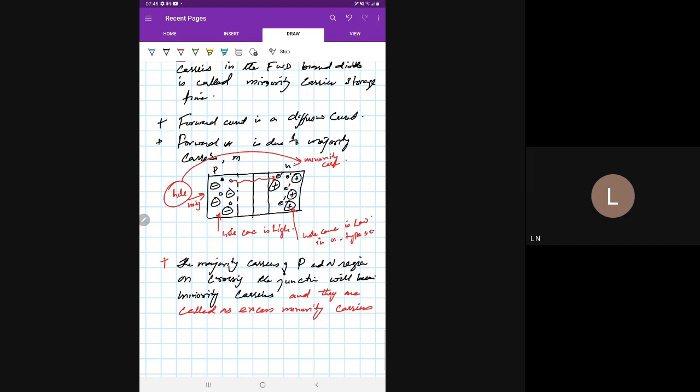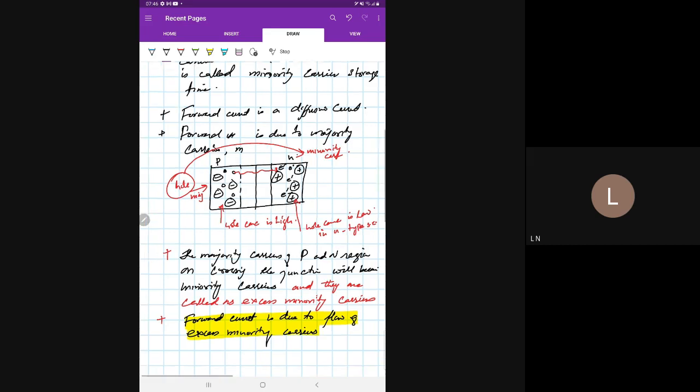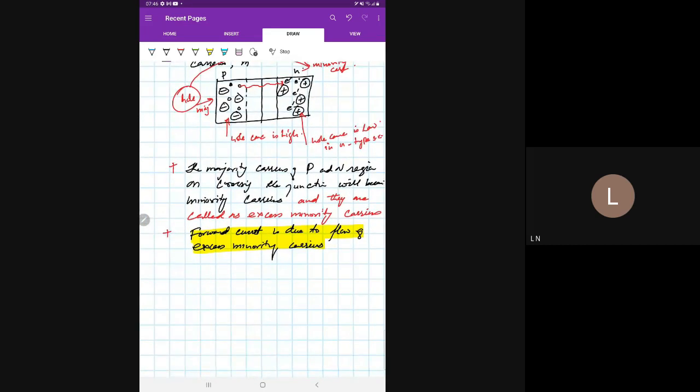So they became excess minority carriers, not majority. So we can say then forward current is due to flow of excess minority carriers inside a PN junction.